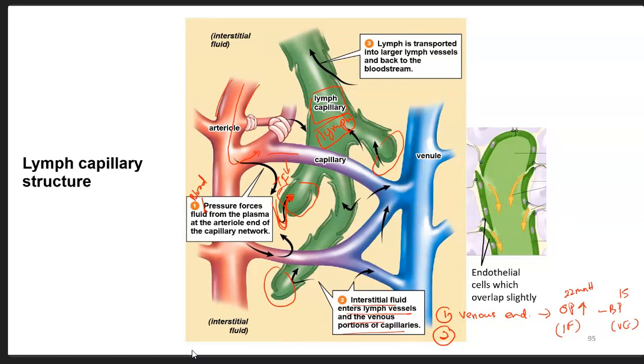The second factor that helps in the return of the excessive fluid is the lymphatic system. The fluid enters into the lymphatic capillaries to form the lymph. So two factors help in the return of fluid back into your blood circulation.